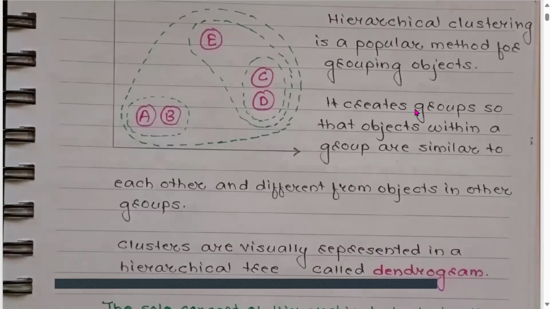It creates groups so that objects within a group are similar to each other and different from objects in other groups. This is clearly written here.